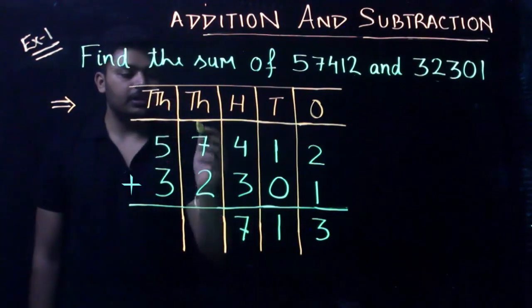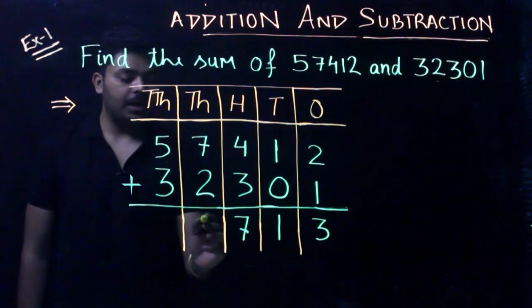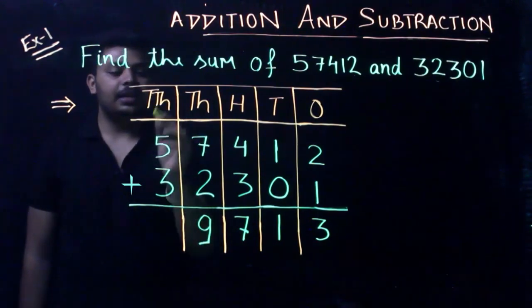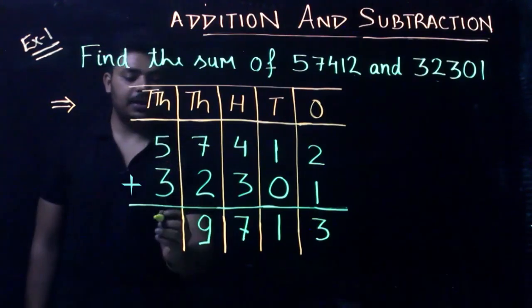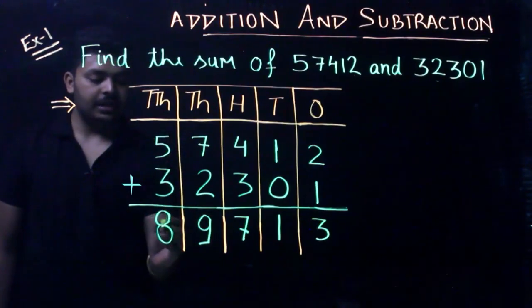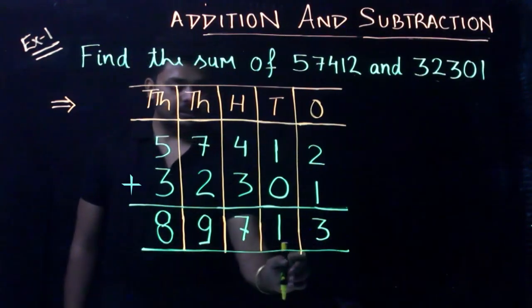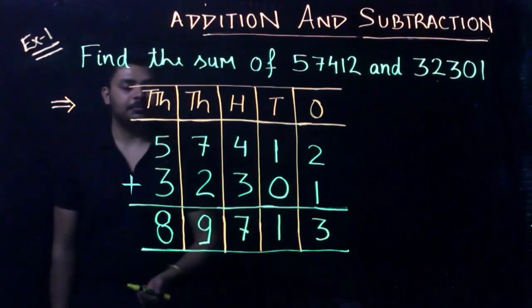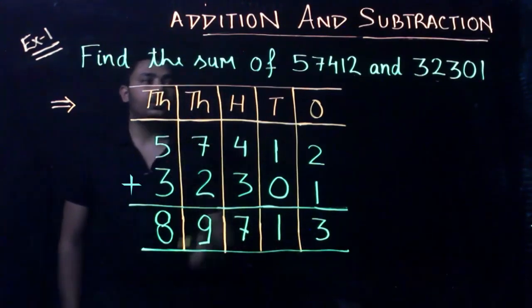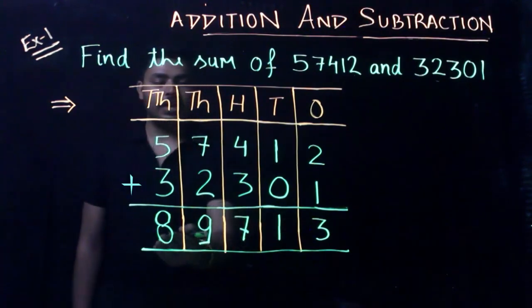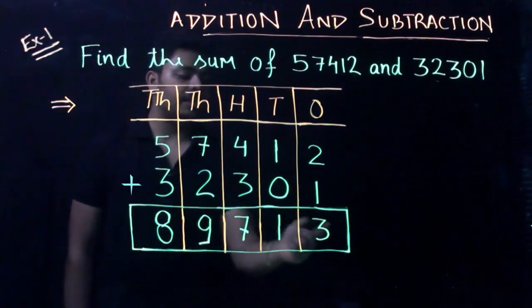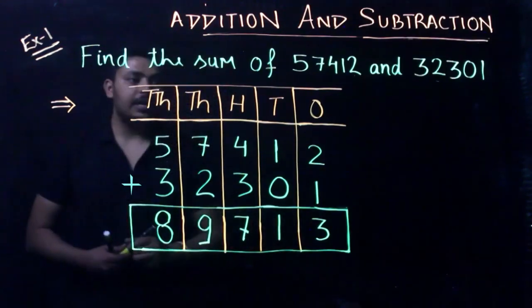Similarly in thousands, 7 plus 2 we have 9, and finally in the 10,000s column, 5 and 3 we get 8 in our 10,000s column. So the answer is 89,713. So when we sum the two numbers, we get our answer as 89,713. So I hope students it is clear.